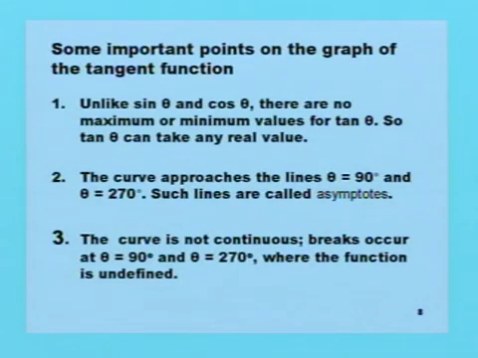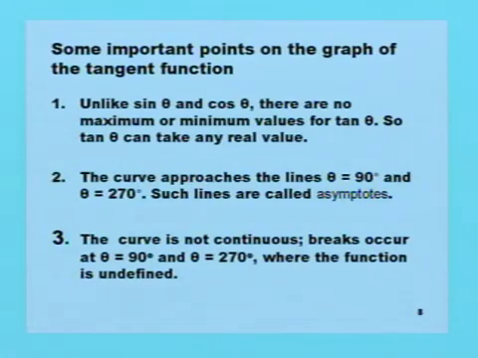Some important points on a graph of the tangent function. First point you need to note: unlike the sine graph and the cosine graph, there are no maximum or minimum values for tan theta or the tangent graph. So tan theta can take any real value, meaning any value, positive or negative.